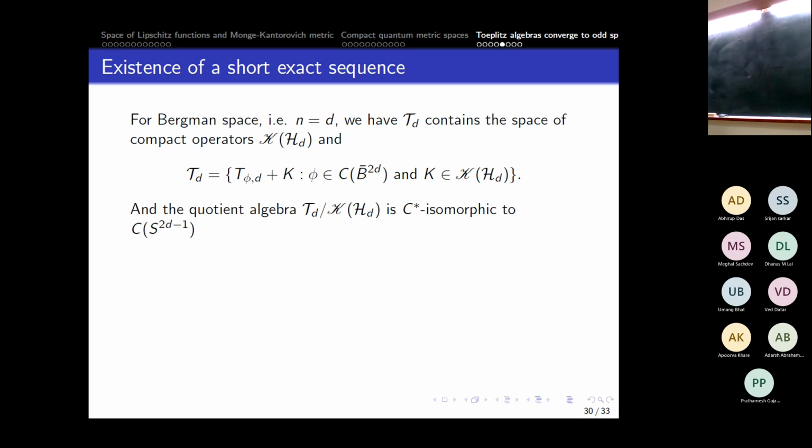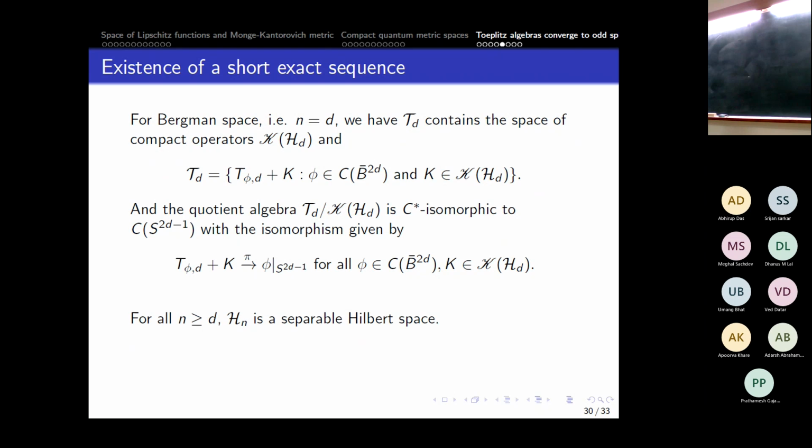In fact, under the quotient, it's isomorphic to the continuous functions on the boundary of the closed unit ball, which is nothing but the sphere of dimension 2d minus 1. And the isomorphism is the usual isomorphism, just take phi and restrict it to the boundary. So this case is for the Bergman space, but all the generalized Bergman spaces are separable Hilbert spaces. Using the isomorphism with H_d and some basic results from C-star algebra theory, we can prove that it holds for any H_n.